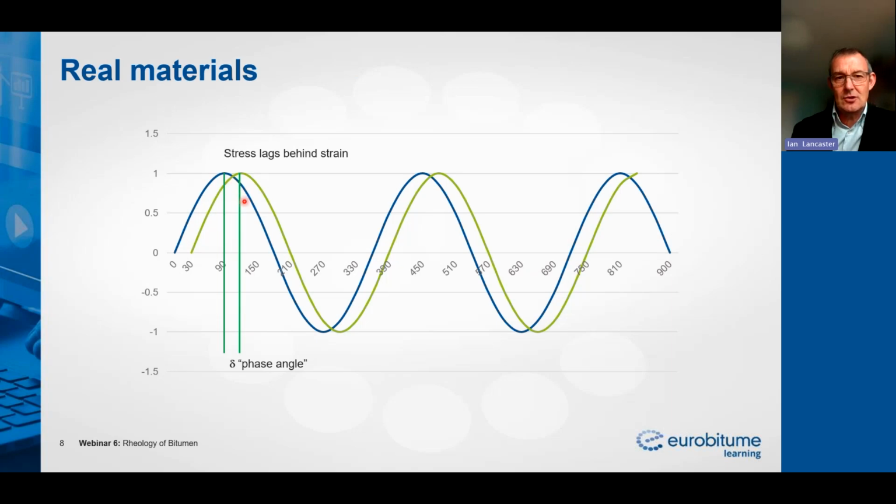Then we take the strain off, the stress reaches a peak, and then it falls away. The difference between the strain and the stress is what we call the phase angle, or delta. That's the first bit of terminology that I'm going to introduce, and the phase angle is the difference between the applied strain and the measured stress.